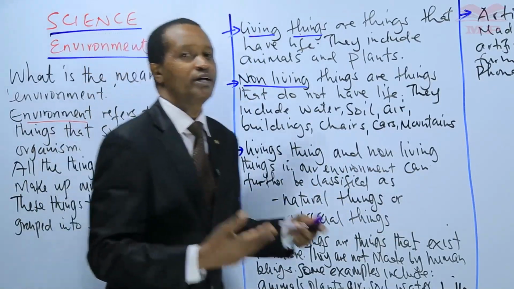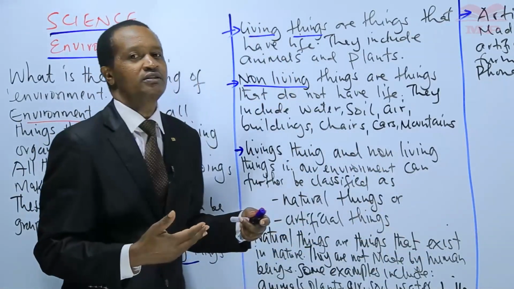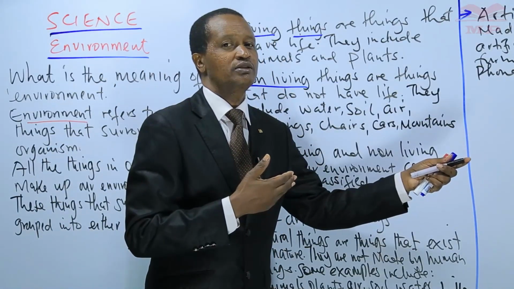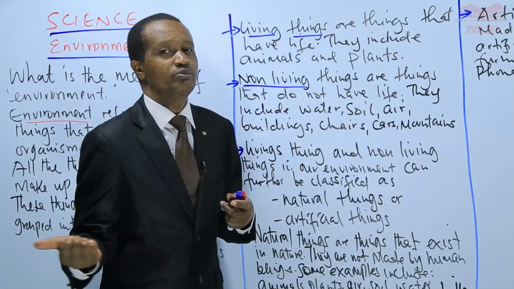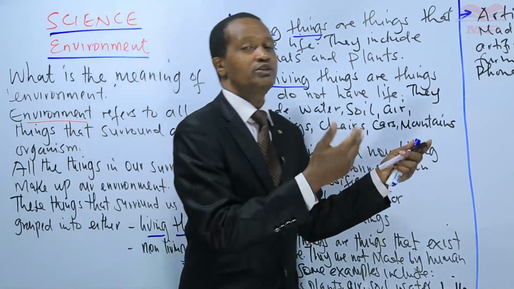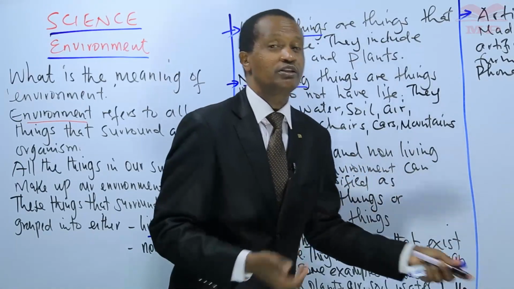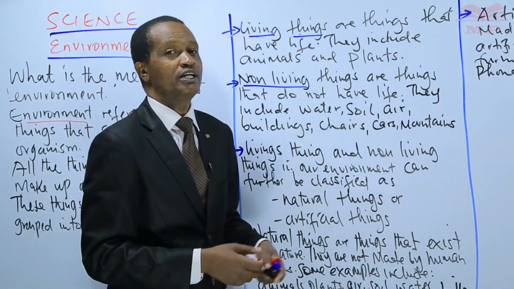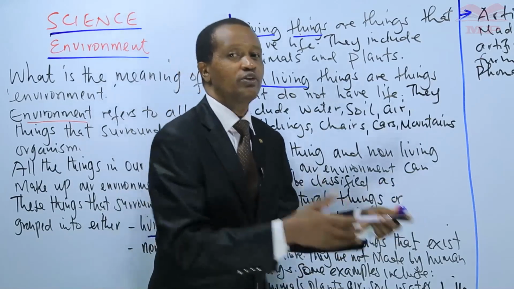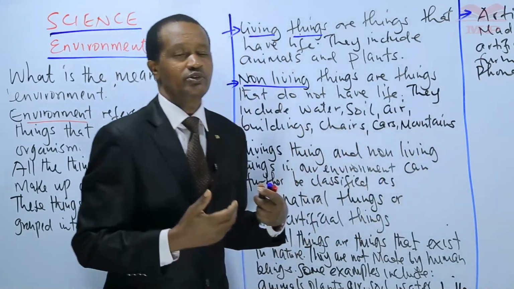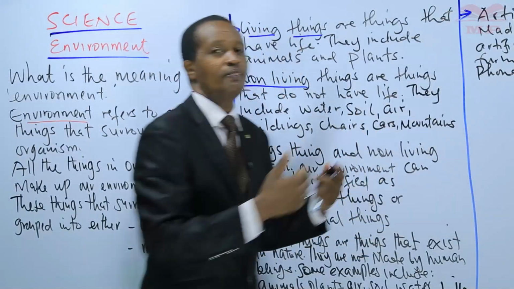They are not made by human beings. Examples are animals. Animals are not made by human beings. Plants are not made by human beings. The air we breathe is not manufactured by anyone. The water we drink, we just found it. Sometimes we call them gifts of nature. You don't need to buy air, okay?